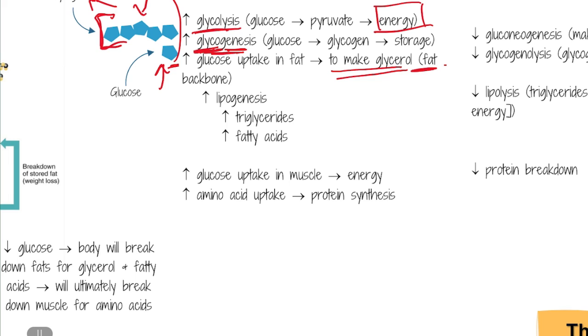But really, when you think about it, it's just another way of taking glucose out of the blood and storing it. Only instead of storing it in the liver, this time they're storing it in the fat cells. They're storing it as triglycerides and as fatty acids inside of fat cells. And what do we call that process? We call it lipogenesis. So the creation of triglycerides or fat.